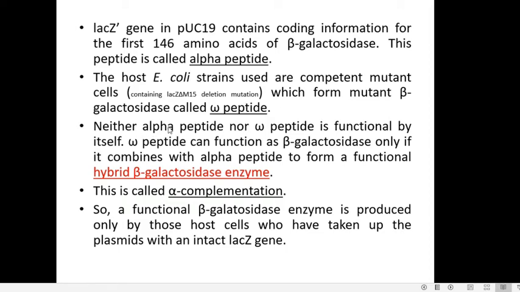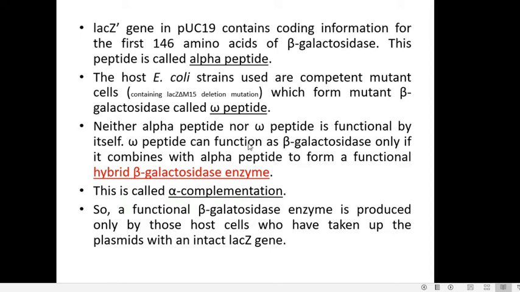Now, neither this alpha peptide nor the omega peptide is functional by itself. They will become functional only if these two peptides combine together to form a functional hybrid enzyme, and this hybrid enzyme is called beta galactosidase.